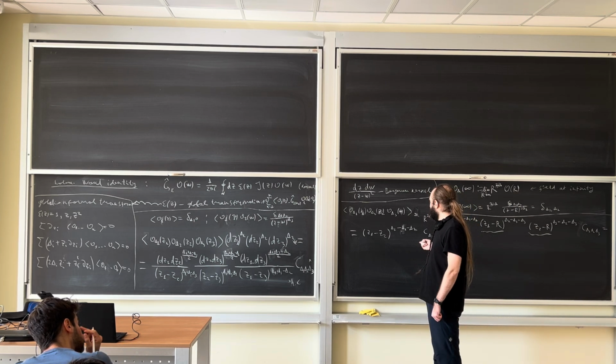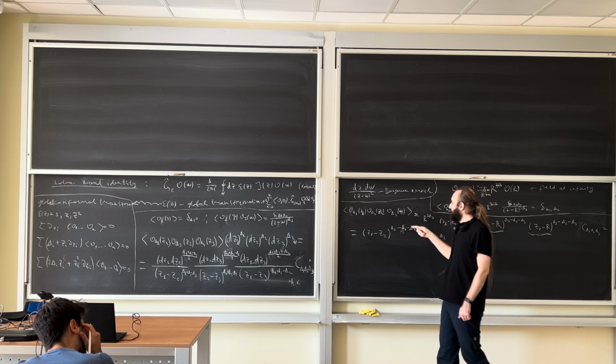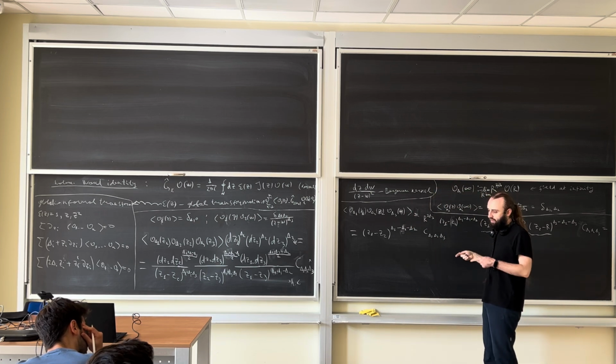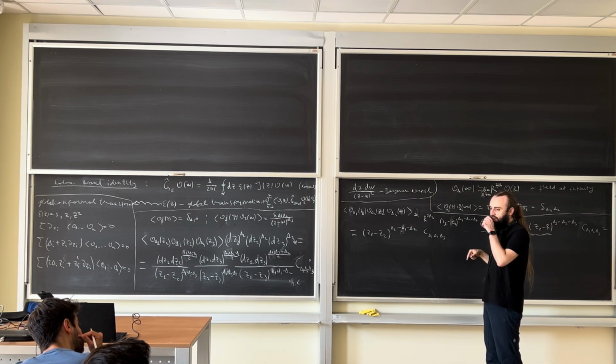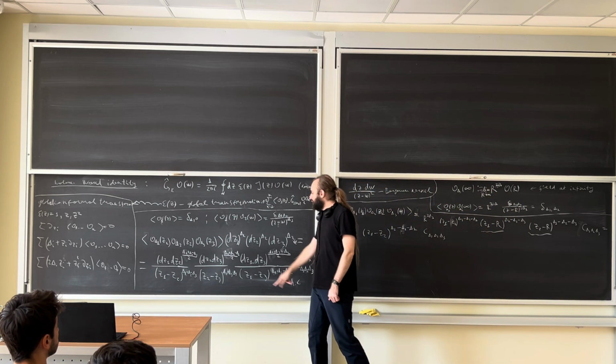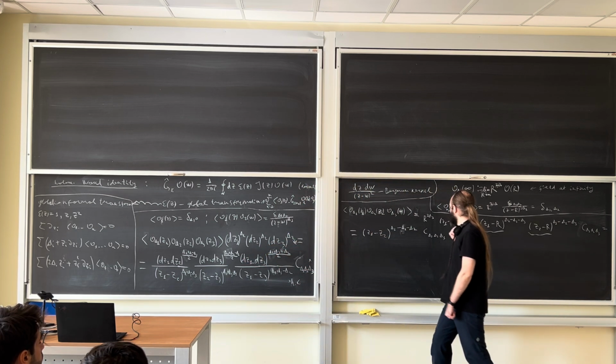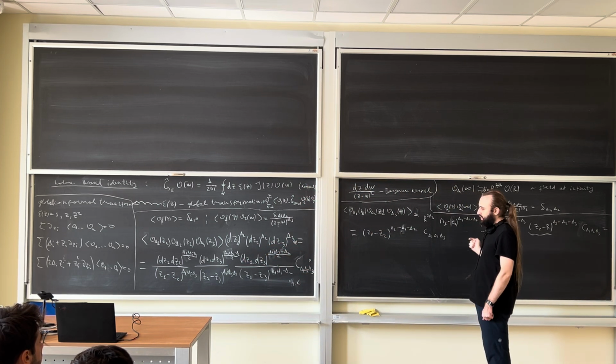And if you try to perform some conformal transformation that would take this point at infinity to some finite domain, we would see also these other prefactors. Here they disappear because of this definition.